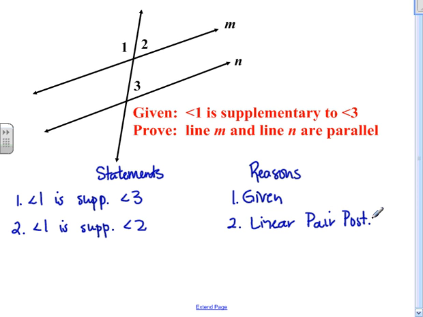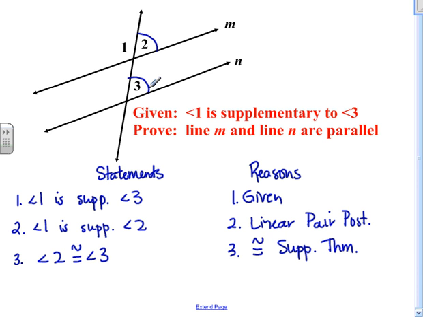If angle 1 is supplementary to 3 and angle 1 is supplementary to 2, if it's supplementary to both of them, then they must be congruent to each other. And that is the congruent supplements theorem. If angle 2 and angle 3 are congruent, then the lines must be parallel.